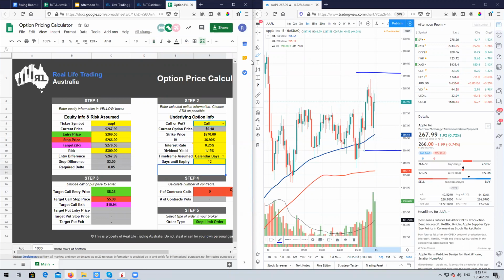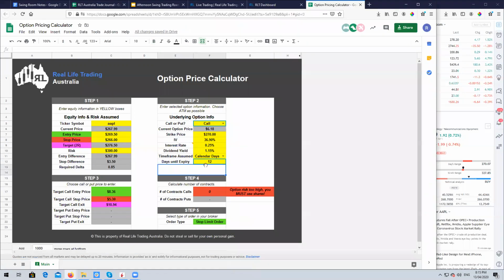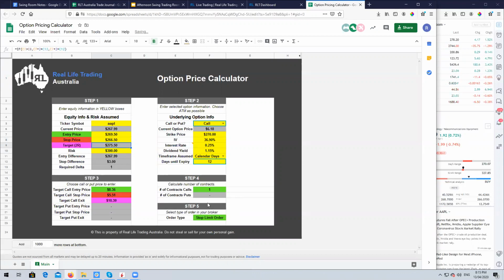All I did was change that particular date, and it's told me that the option risk is too high. So you can't use this particular setup based on this risk. You would have to tighten your spread or your stop. For example, your stop would have to be like 266.50, and then you can get one contract.